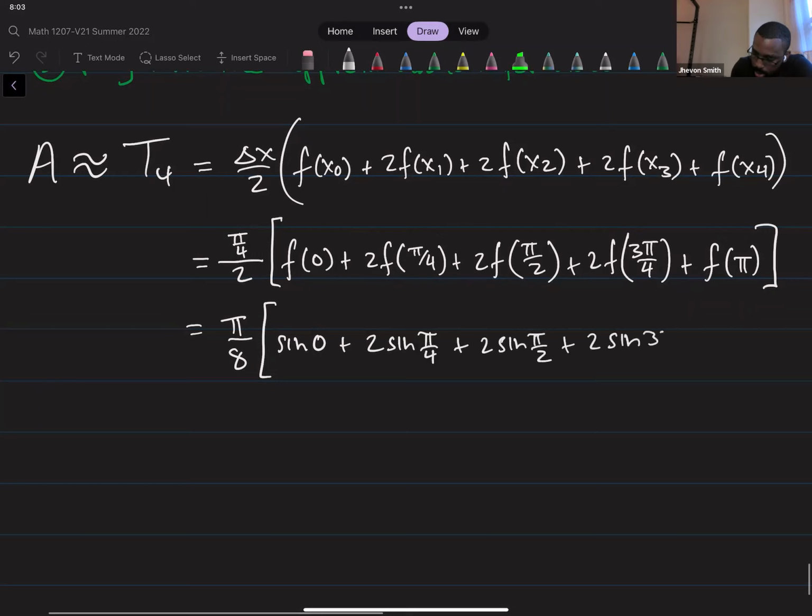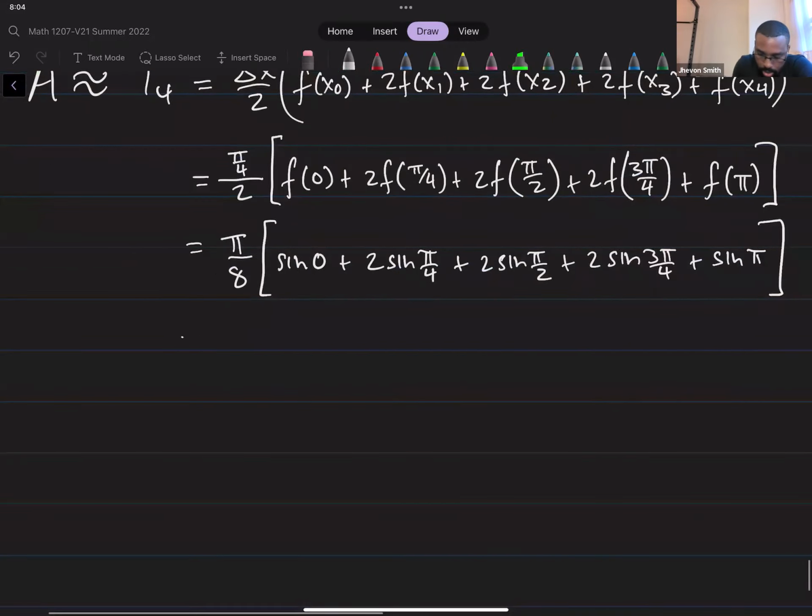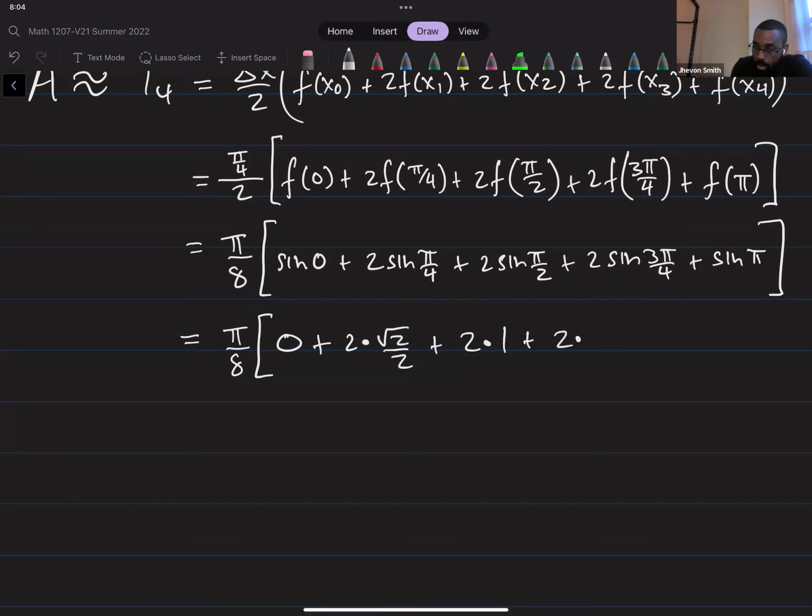And I do expect you to know what these values are. So sine of 0 is 0. Sine of pi is also 0. Sine of pi over 4 is rad 2 over 2. I'll just write this in a line. Let's write this in another line. So sine of 0 is 0. Sine of pi over 4 is rad 2 over 2. Sine of pi over 2 is 1. Sine of 3 pi over 4 is also rad 2 over 2.